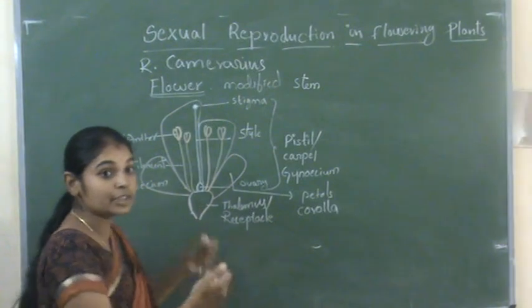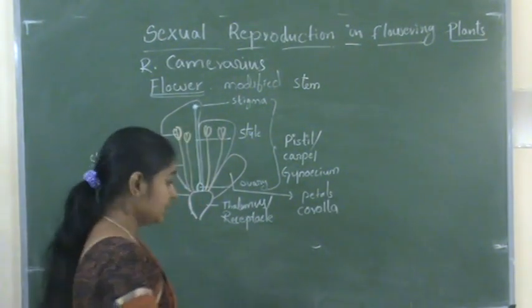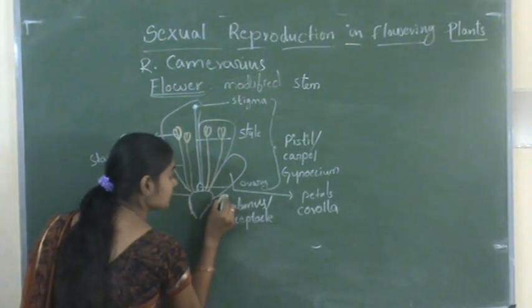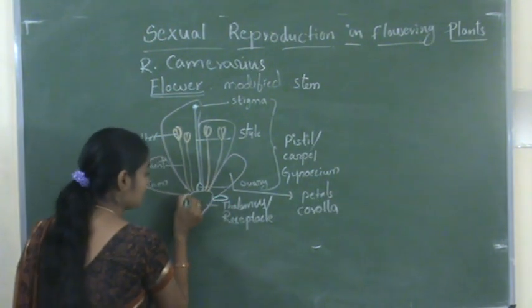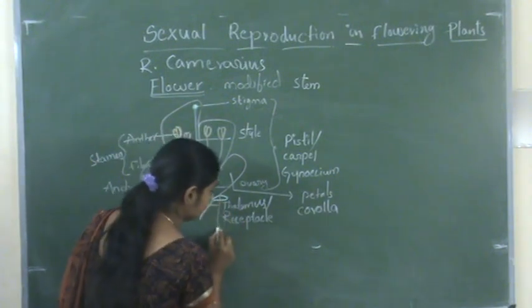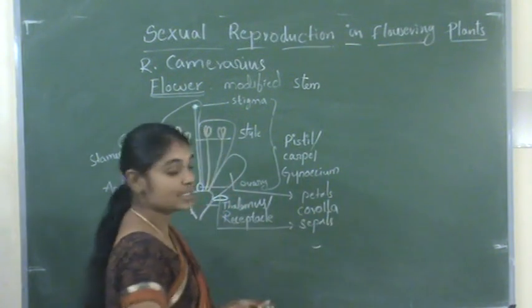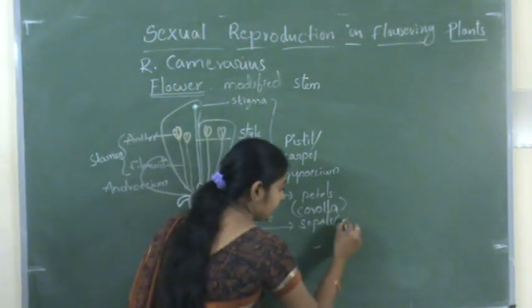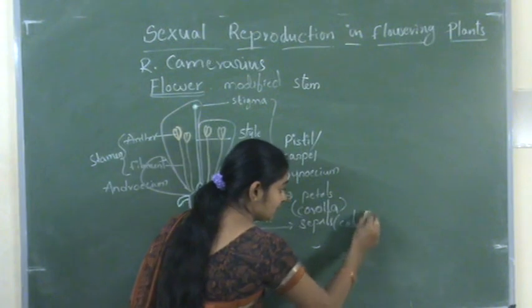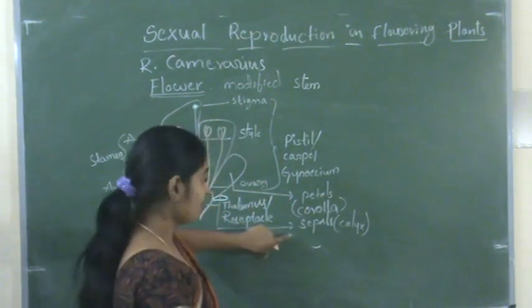And outer to the corolla, the outermost part, is the calyx, in which the sepals are the parts. All sepals together are called calyx.